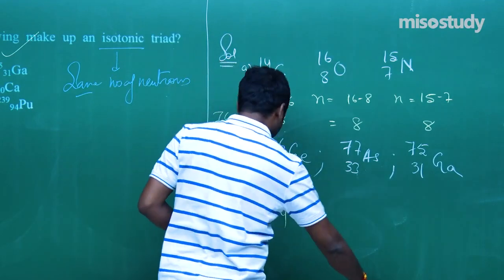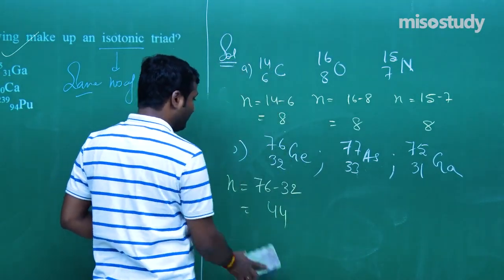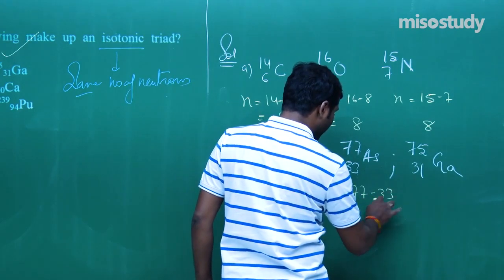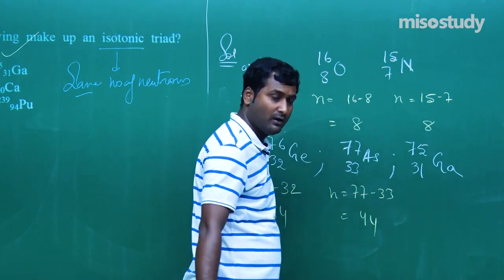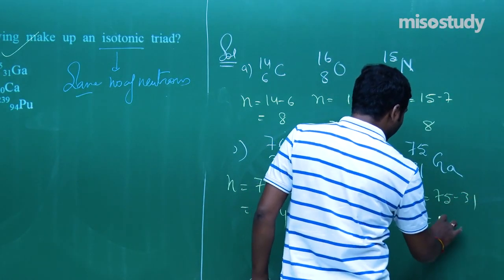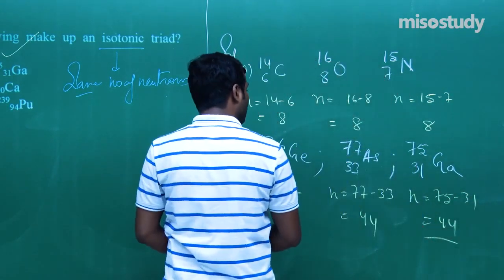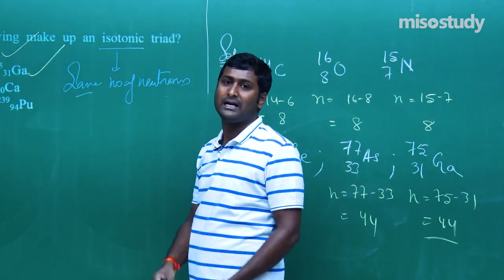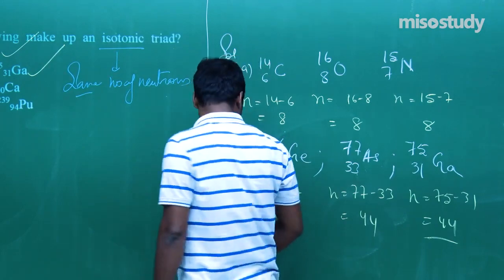Next, N is equal to 77 minus 33, that is 44. Then 75 minus 31, that is again 44. So we say B is also correct because they contain an equal number of neutrons.